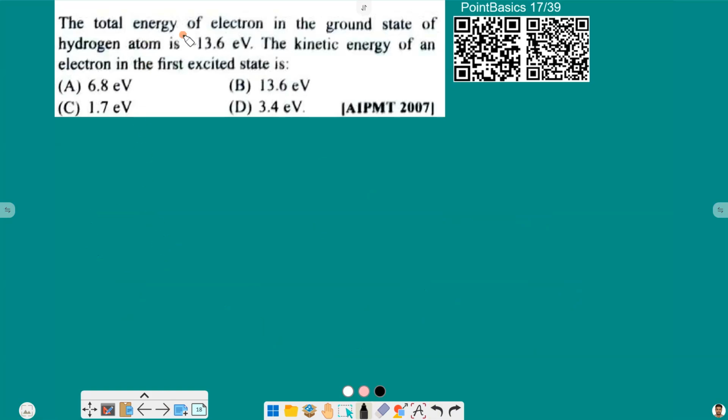The total energy of the electron in the ground state of hydrogen atom is given by this value. The kinetic energy of the electron in the first excited state is asked. So again, here it is mentioned that we have the first excited state. We know the relation between kinetic energy and total energy, that kinetic energy is basically the modulus of total energy.